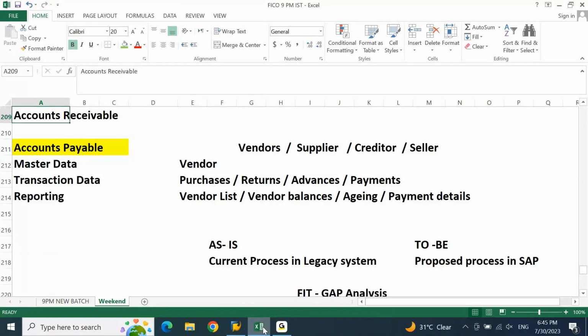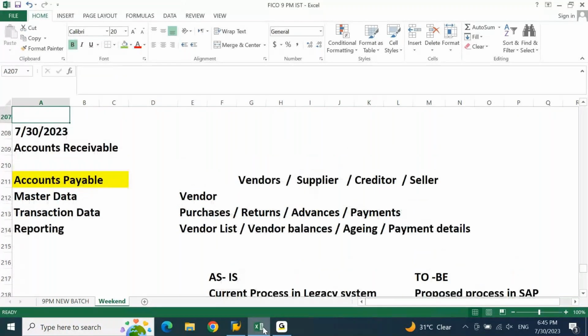Now I'll try to replace whatever I did for accounts payable with content for accounts receivable, so that whatever your understanding is on accounts payable will be exactly the same when it comes to receivable.